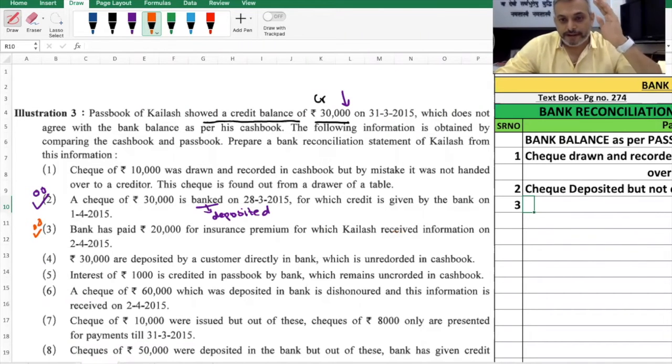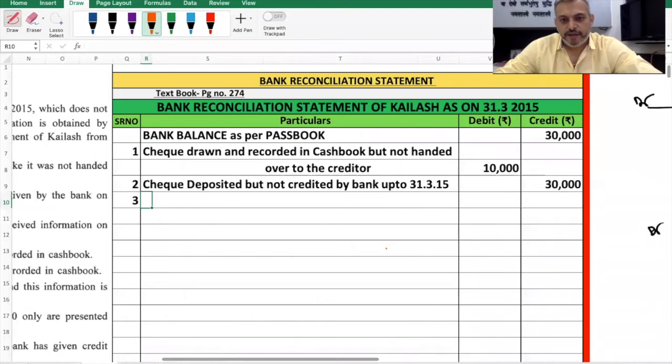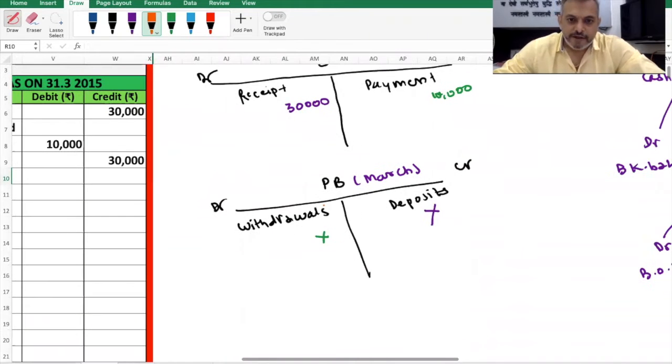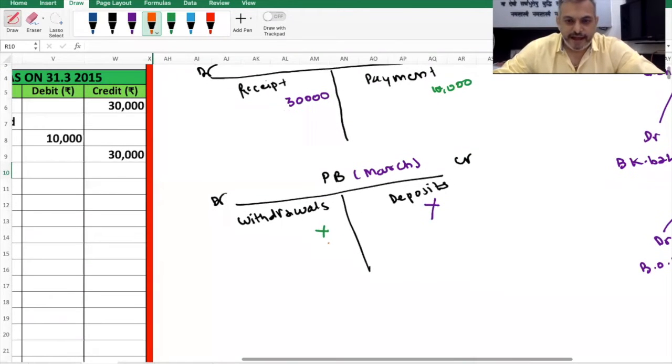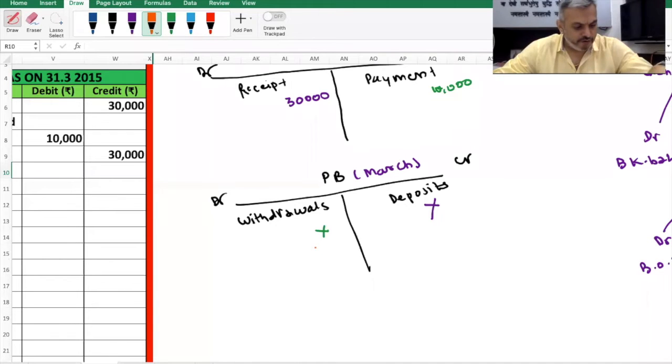Now we are preparing this BRS in the books of Kailash, the proprietor. Now bank has paid 20,000 for insurance, यानी बैंक has paid. तो पासबुक में कौन सी साइड आएगा? बैंक में पैसा डिपॉजिट हुआ या बैंक से पैसा विड्रॉ हुआ? Debit side. सो बैंक से पैसा विड्रॉ हुआ, सो इंश्योरेंस प्रीमियम 20,000 पासबुक में डेबिट साइड आ गया.